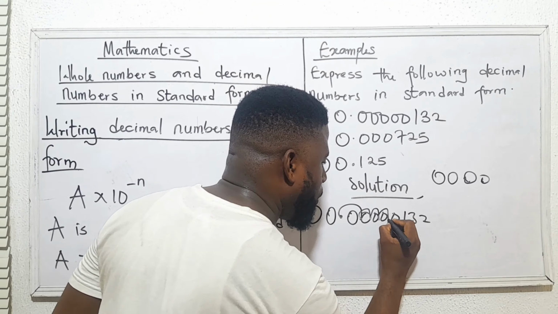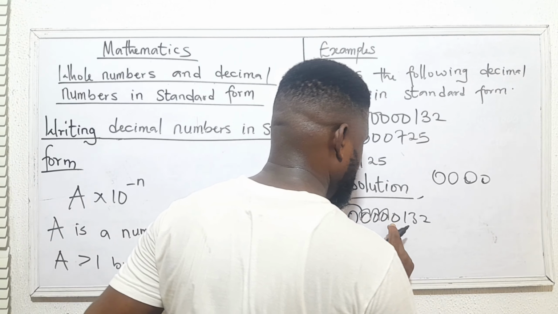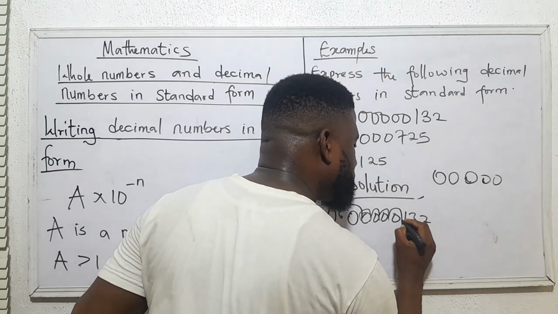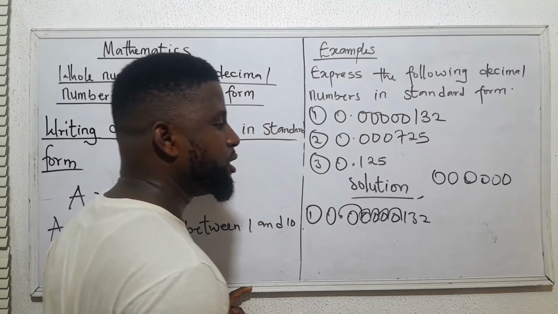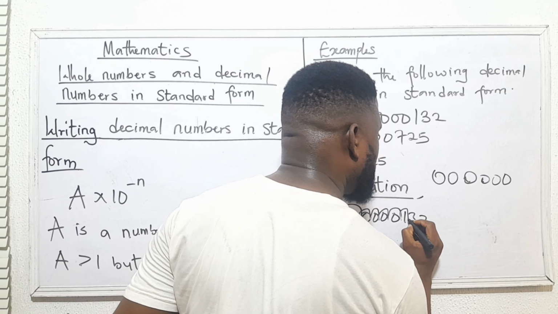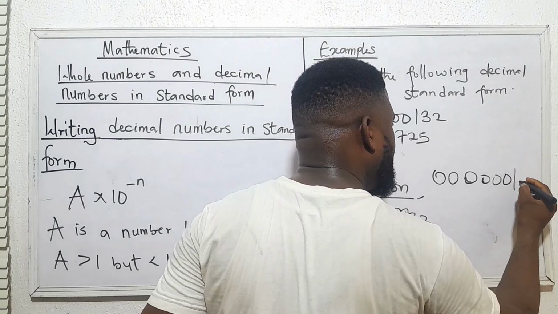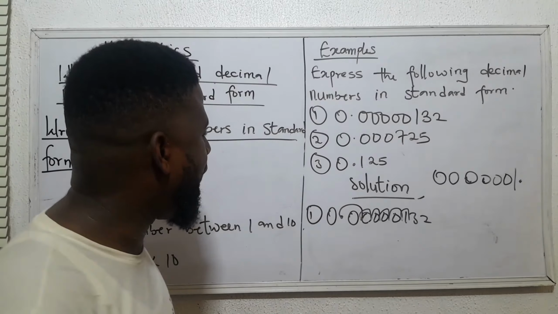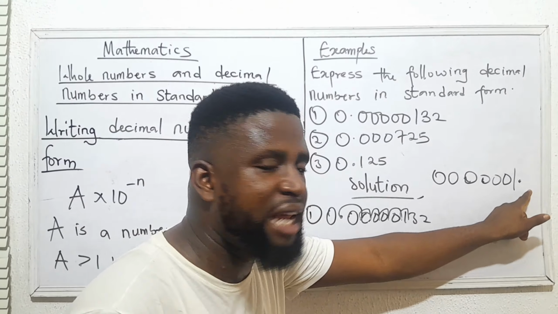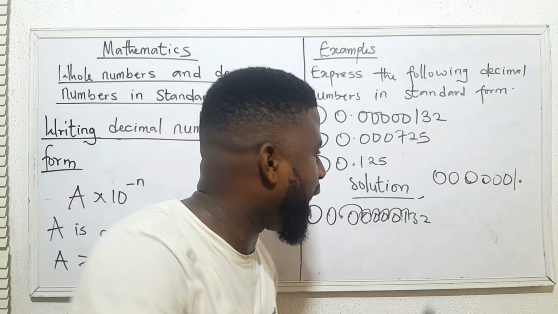If I move it forward, I will have 1, 2, 3, 4, 5. That's 5 zeros. If I move it forward, I will have 6 zeros. Still not up to 1, right? Then if I move it one more time, I will now have 1 point, which is now up to 1. It means it is now greater than 1, right?